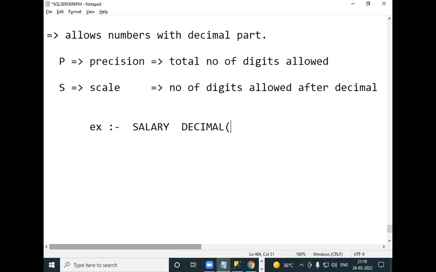Yes or no? Average is also float, balance is also float, salary is also float. These are examples for floats. All this contains numbers with decimal.